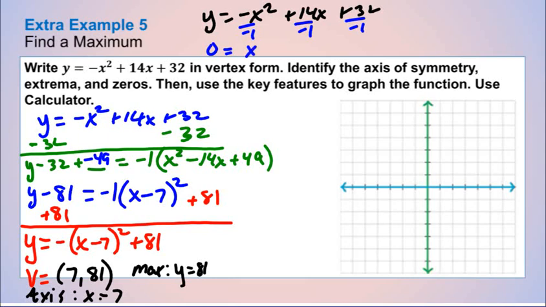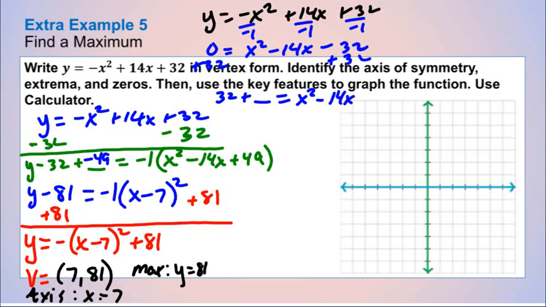So I have x squared minus 14x minus 32. So I'm going to add 32 to both sides. So I have 32 plus a blank when I complete the square equaling x squared minus 14x.